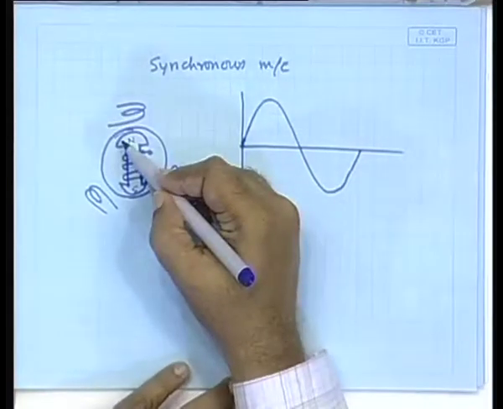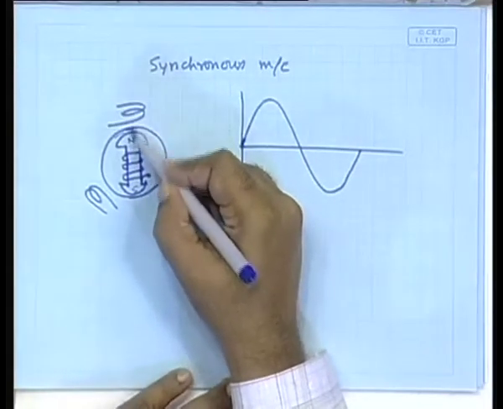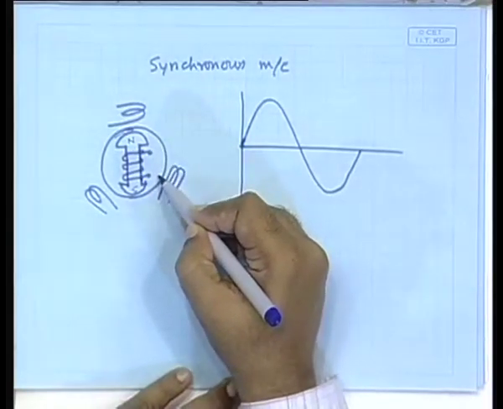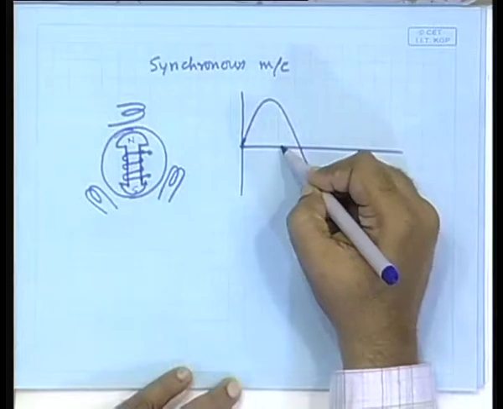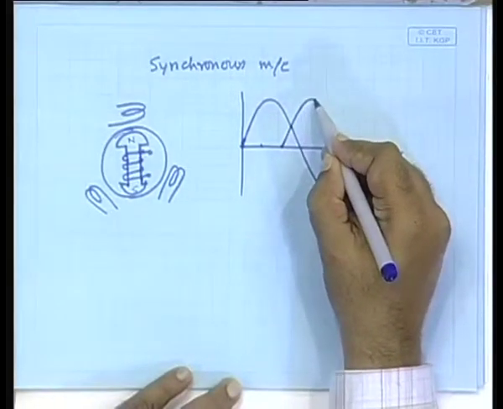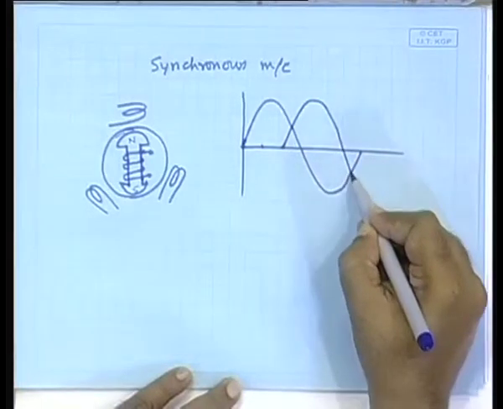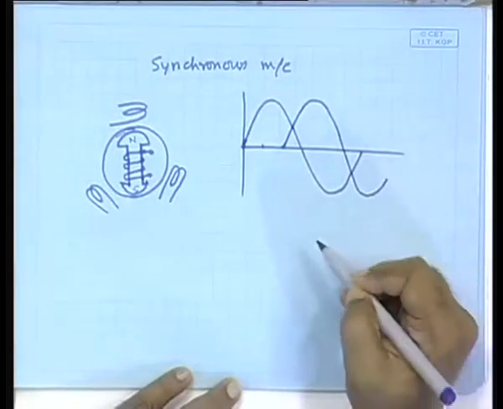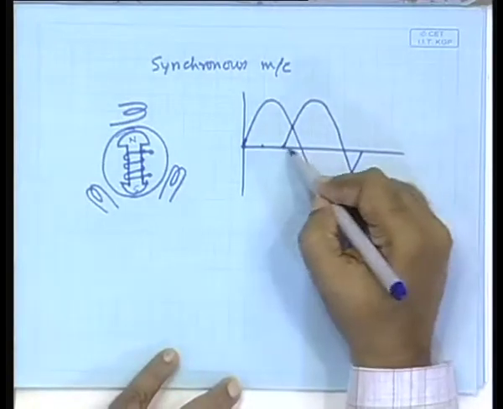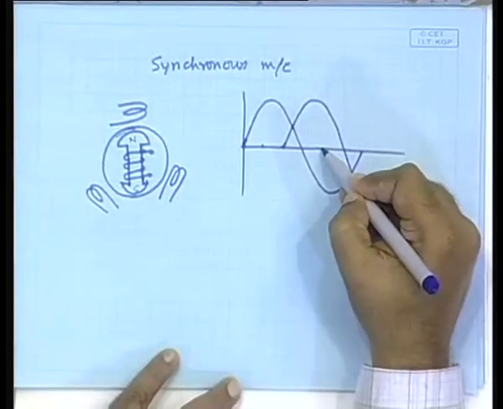The next one, this north pole, when it is under this one, after 120 degrees it comes to this winding, and so that will induce the same kind of voltage, 120 degrees apart. So, it will induce a voltage like this, and the third one will induce a voltage that will be again 120 degrees apart from that.